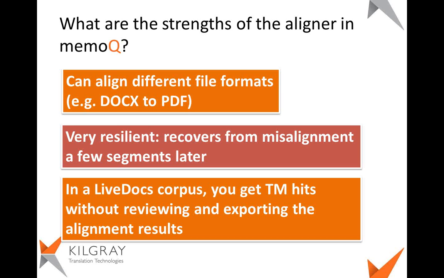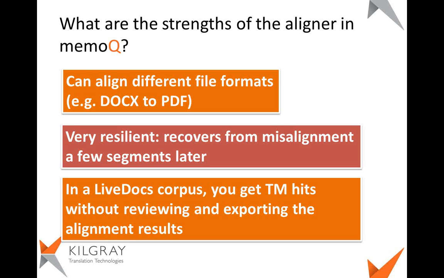If there is a misalignment, the two texts could be shifted along each other, and the misalignments could go on till the end of the document, but not in MemoQ's case. In MemoQ, it usually recovers the links, and the sentence pairs will be correct a few segments, like 4 or 5 segments later.